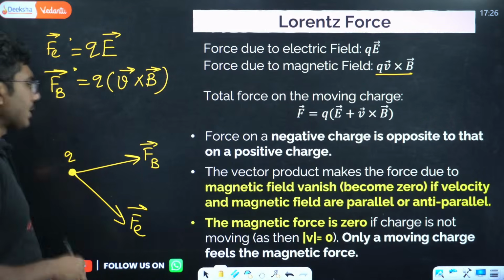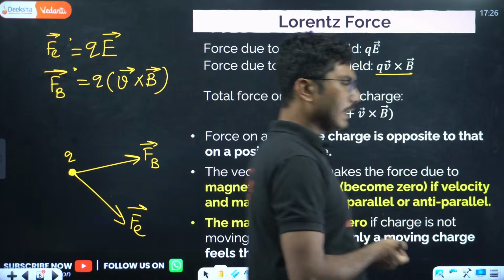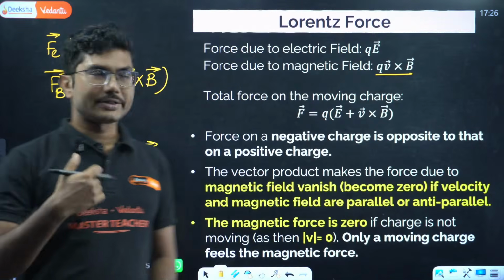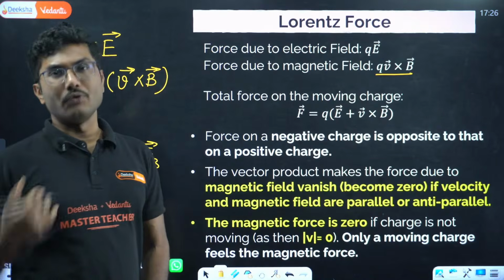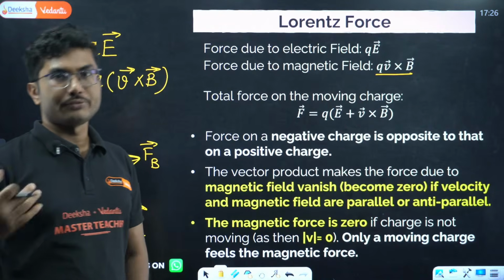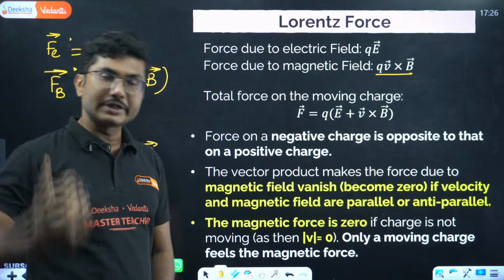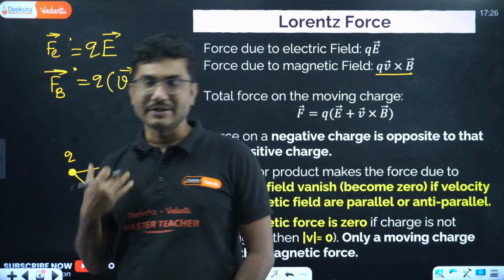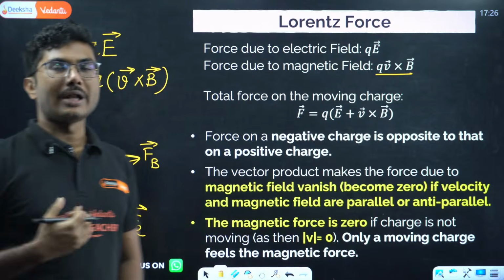When two different forces act on a particle, we have to apply vector addition to find their resultant, and that resultant force is called Lorentz force. So Lorentz force is the resultant force of magnetic field as well as electric field when they act on a particle.